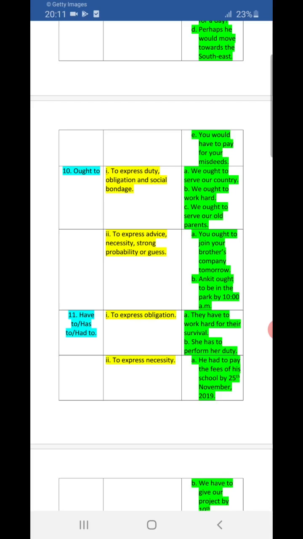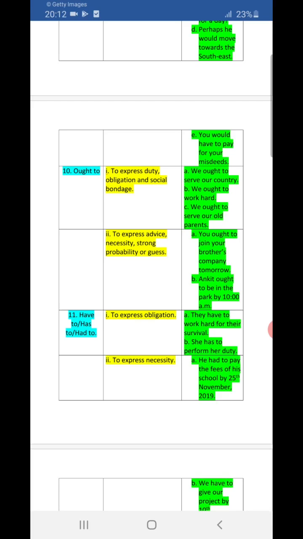So it's an obligation. Next, number C. We ought to serve our parents, our old parents over here. So it's a duty basically.